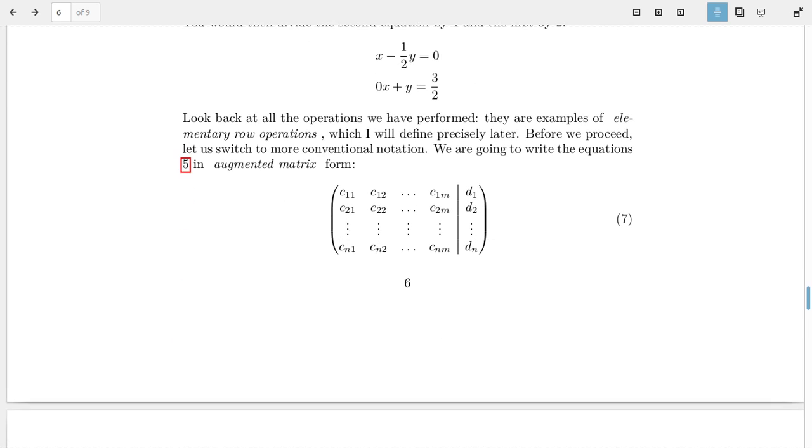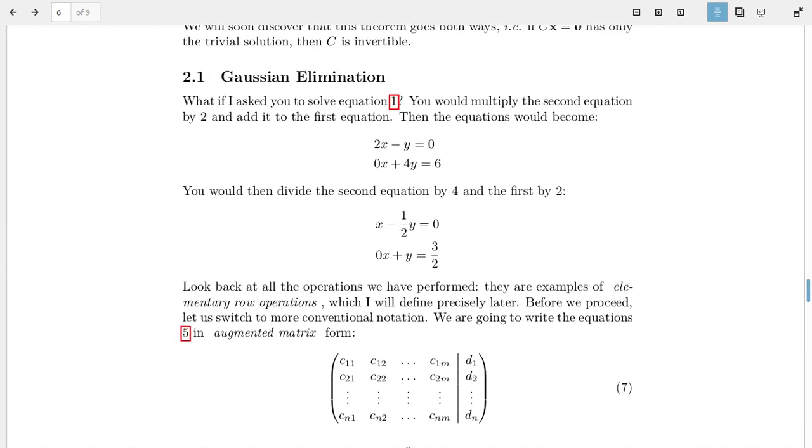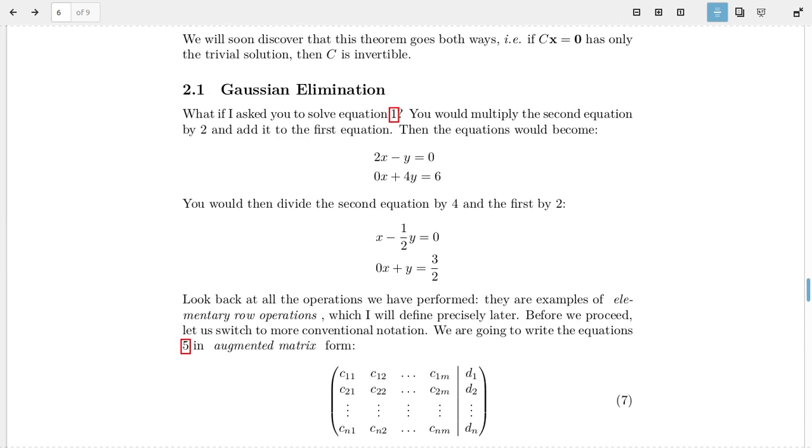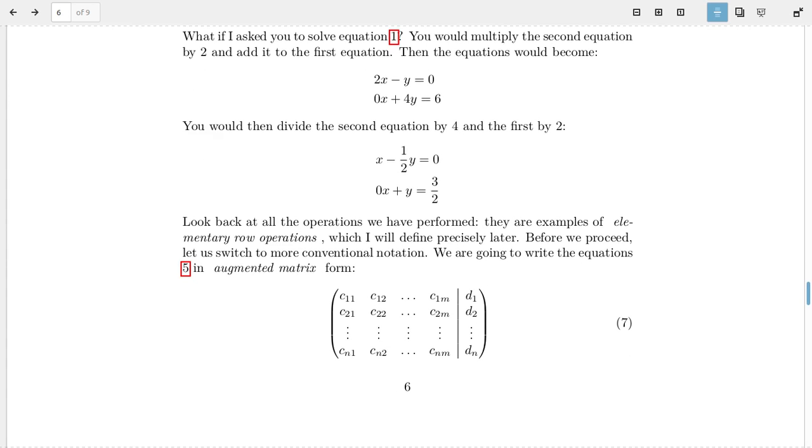But first, we're going to use better notation. We're not going to get rid of the variables, we're just going to hide them, suppress them, because we know that they're there. So what we need is the coefficient matrix, and the right hand sides of the simultaneous equations. Let's go back to equation 5.